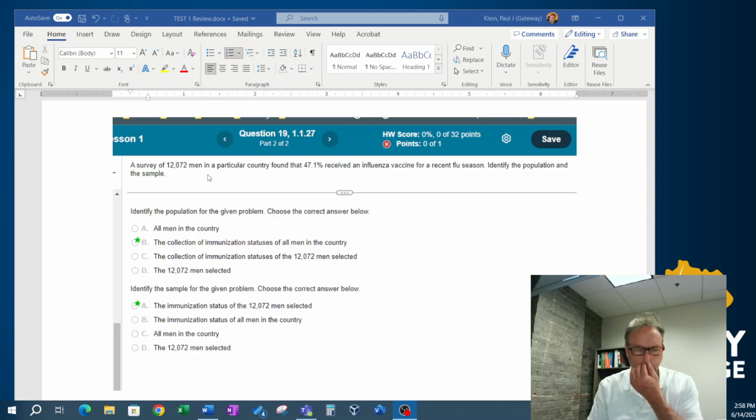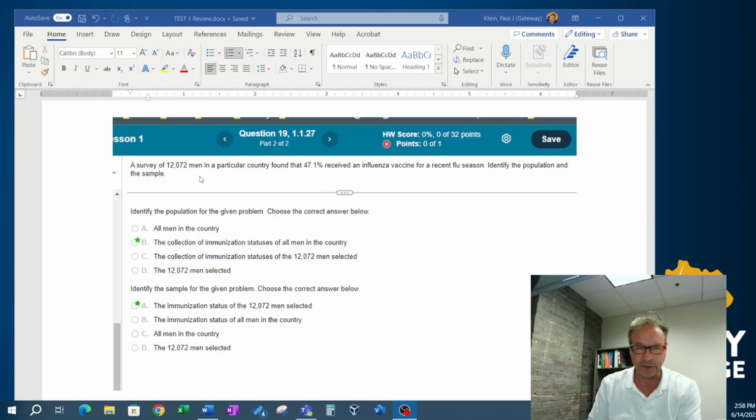This one here, there's a problem just like this on there. It's got different numbers and a different scenario. But the reason I wanted to talk about this is it's a little confusing. It says a survey of 12,072 men in a particular country found that 47.1 received an influenza vaccine.